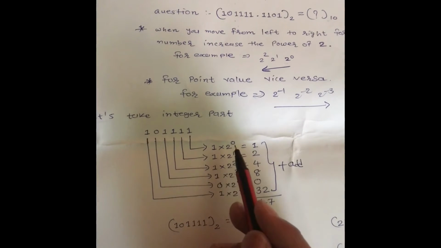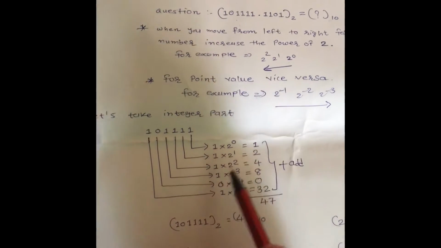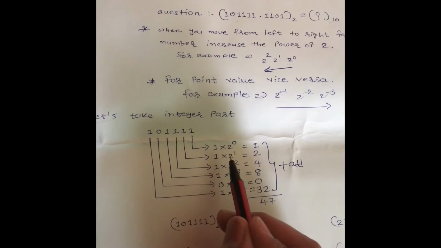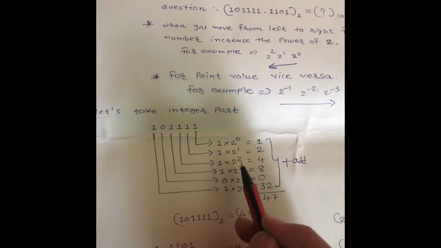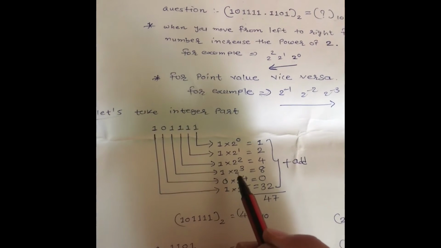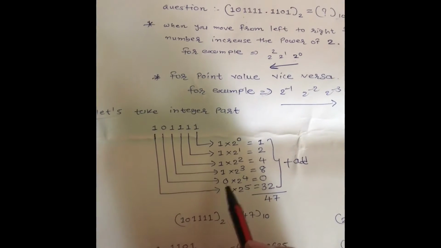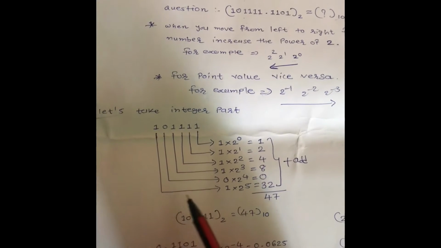Then 1 into 2 raised to 1. As we need to move from right to left, we need to increase the power. Now let's take the third one, that is 1 into 2 raised to 2, then 1 into 2 raised to 3, then 0 into 2 raised to 4, then 1 into 2 raised to 5.